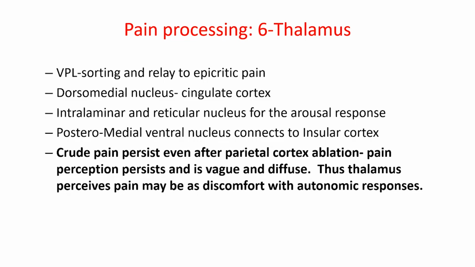That is one component. The thalamus also sorts the information and after sorting relays into the parietal cortex, the sensory areas 1, 3 and 2, for the epicritic component of the pain, that is the localization and discrimination, that is knowing about the attributes and other characteristics of the stimulus involved with the pain.